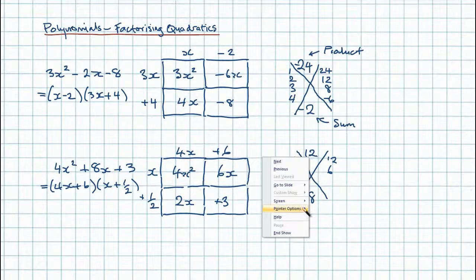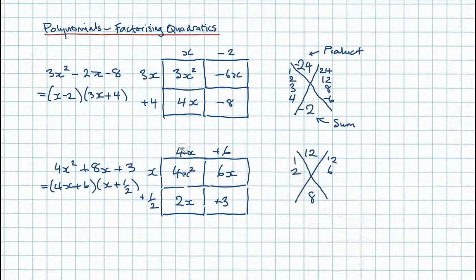So let's rub this out. I mean, the idea here is to have fun and to play around with numbers, with our values here, and see what happens. So now 4x squared is going to be split up into 2x times 2x. 6x divided by 2x, so 2x times something gives us 6x, that's going to be plus 3.